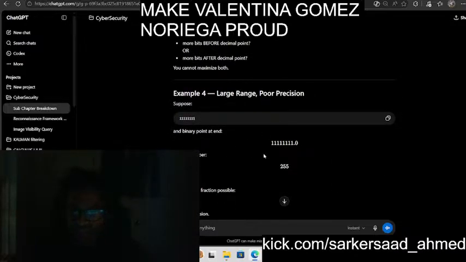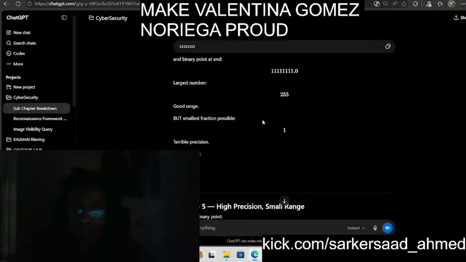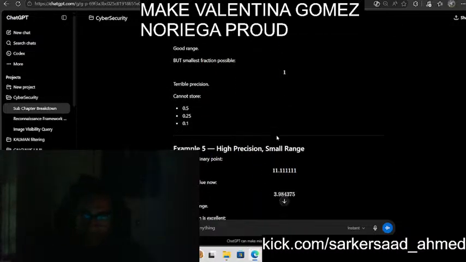The largest is 255, but the smallest fraction value can be 1. So you cannot have 0.5, you cannot have 0.25, you cannot have 0.1. It must be 1. That's the smallest possible fraction.